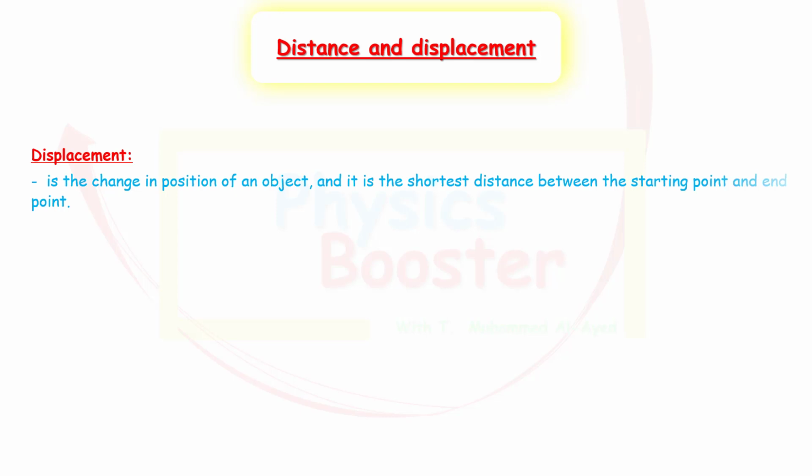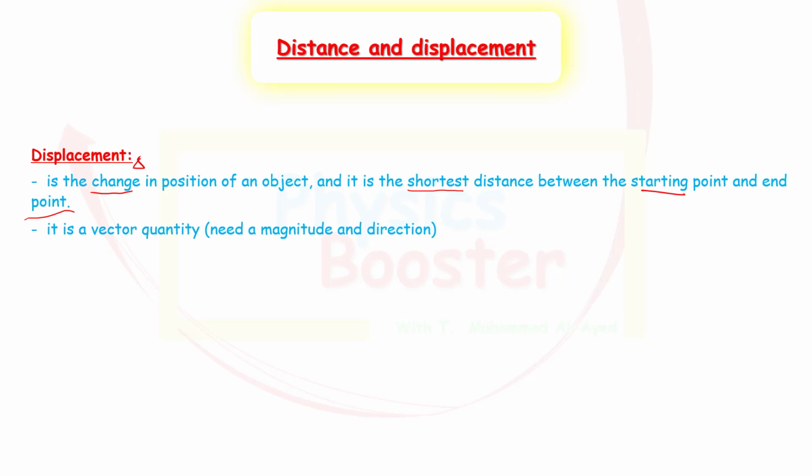The displacement is the change in the position of an object. So change again means delta, or this triangle right here. Now, it's the shortest distance. We can also describe it as the shortest distance between the starting point and the ending point. Okay? Now, it's important to know that displacement is a vector quantity, so it needs a magnitude and a direction.